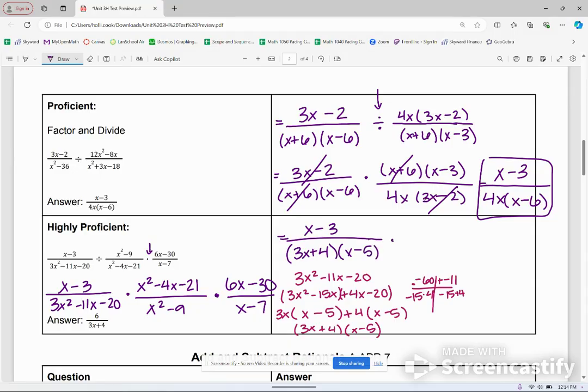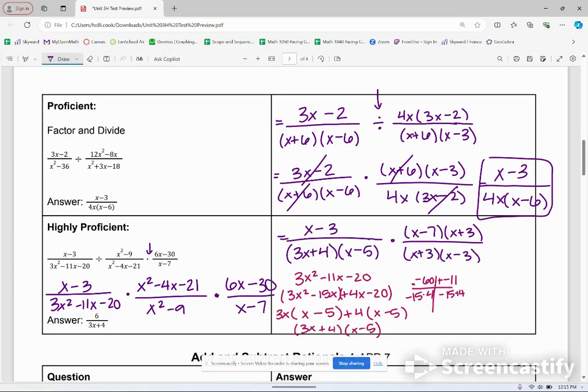Okay, next section, on top we have x squared minus 4x minus 21. That we can go straight to x minus 7 and x plus 3. On the bottom, we have another difference of squares, x plus 3, x minus 3.